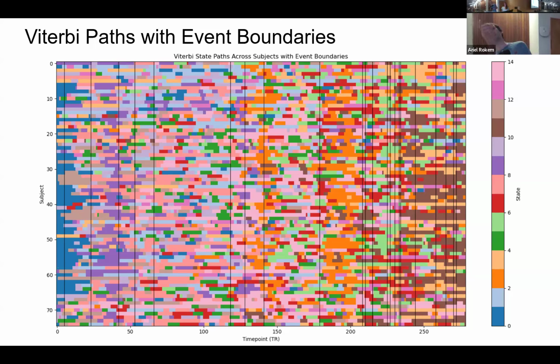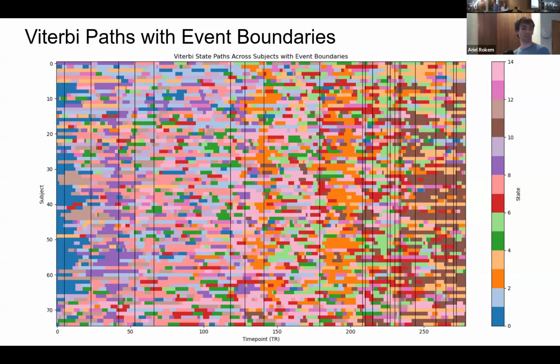Event 10, which has a lot of orange inside of it, is very much the core paragraph of the most exciting part of the story, and everyone seems to transition into the same state at that time. And then when it's clear that the speaker is winding down the story, we start to see everyone switch into, I'm forgetting what state the brown color is, but I think it's state 11, or 10, might be 10.